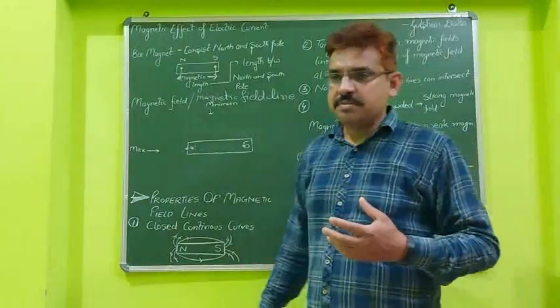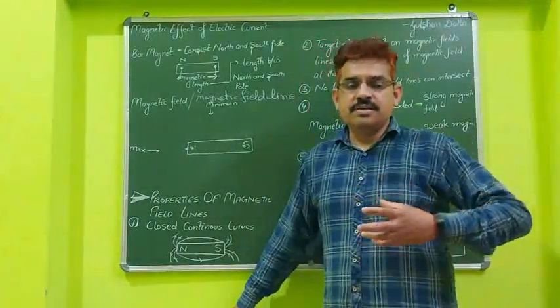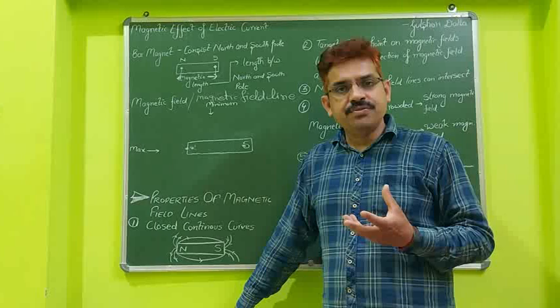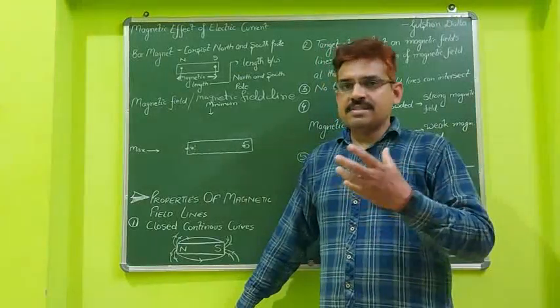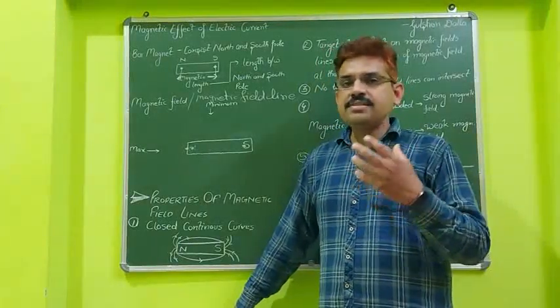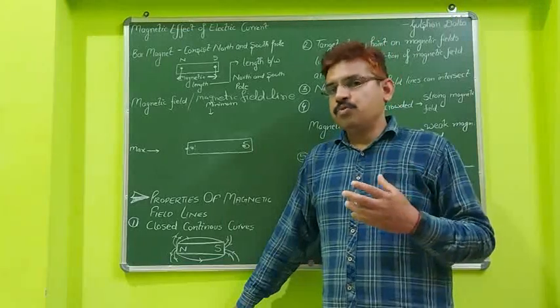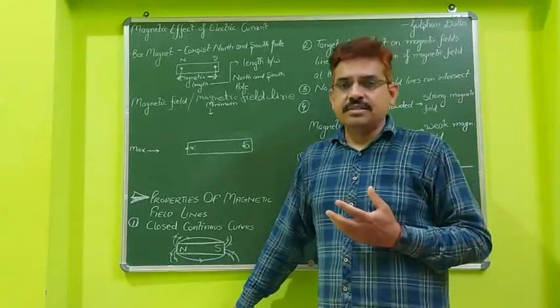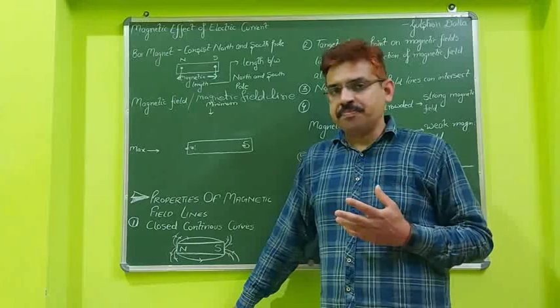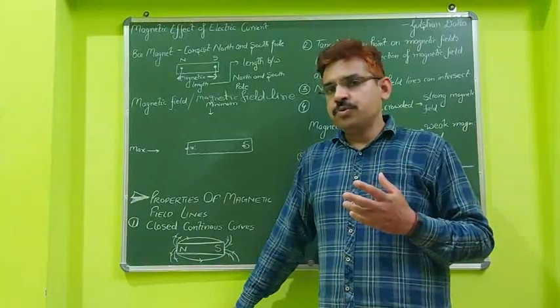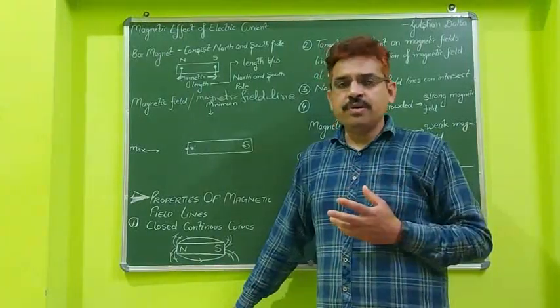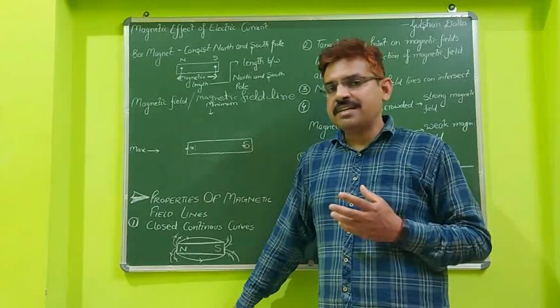You know what the meaning of field is. You studied the gravitational field. Field means we can say the influence of one toward the other is called the field. For example, I am teaching you, so how many are going to be influenced by my lecture? That is called my field.